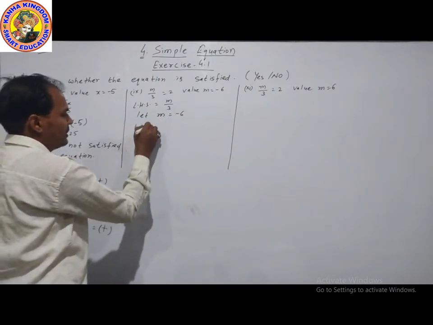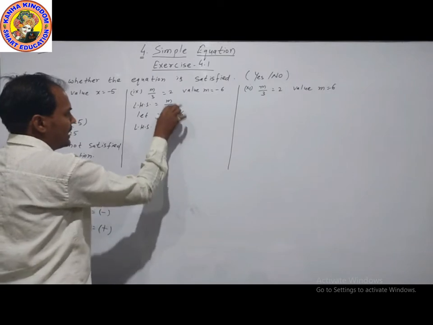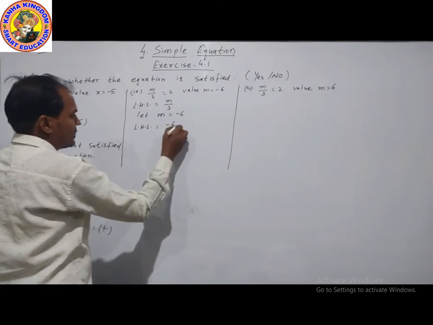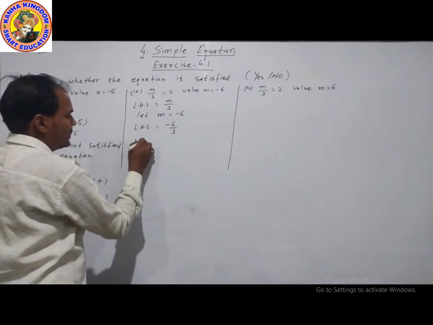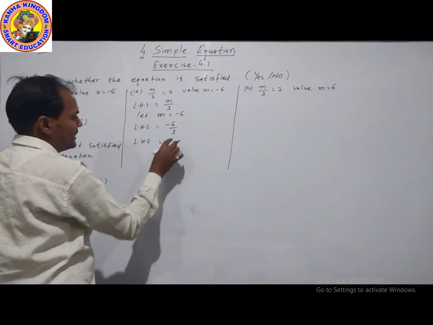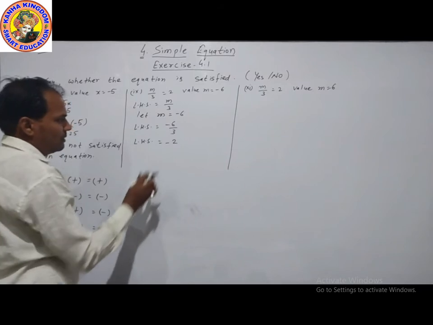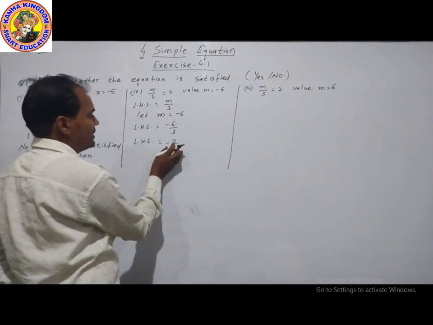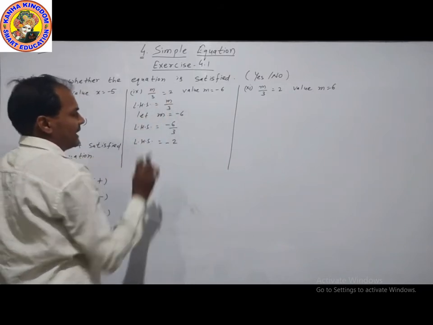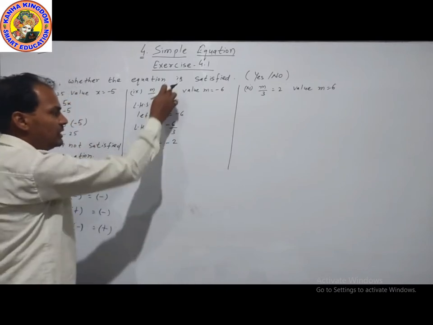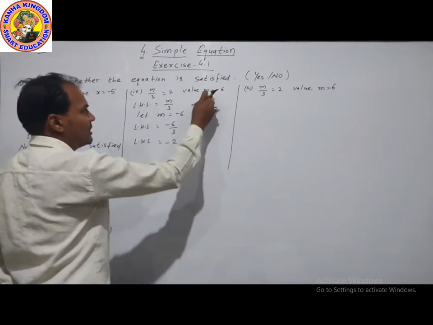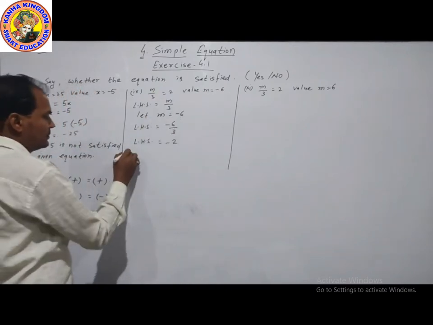Now putting the value in left hand side, m is minus 6, minus 6 upon 3. The answer of left hand side is minus 2. Left hand side is minus 2, but right hand side is plus 2. These are not equal, so the value of m is wrong.